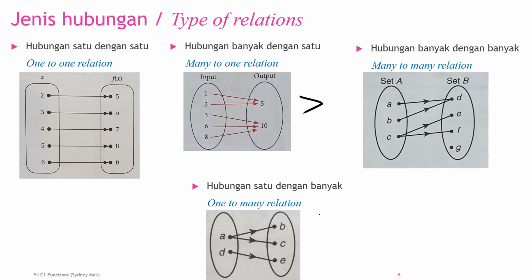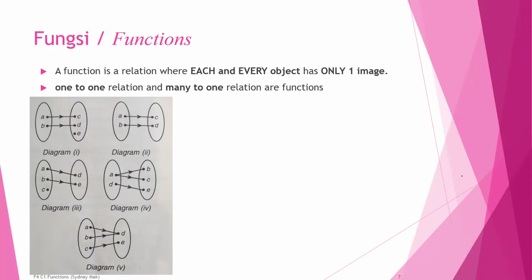One to many is like a greater than symbol and less than symbol. Then many to many, you will have this, like someone closing his eyes. Have we done this before?